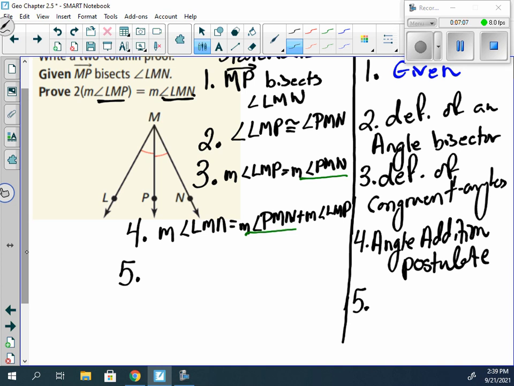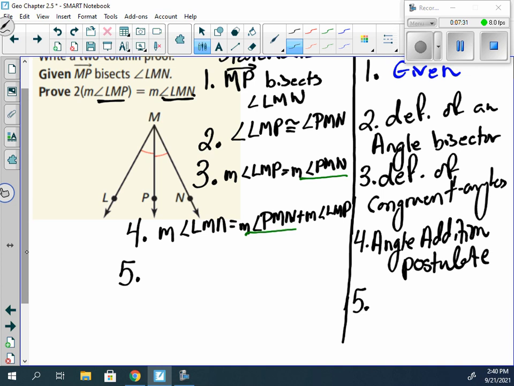Well, what did we just say about PMN? It's the same as what? LMP. LMP is equal to PMN. Those are equal because they're cut into two congruent angles. So PMN is the same as LMP, yes?